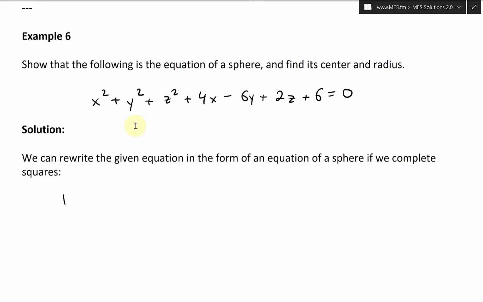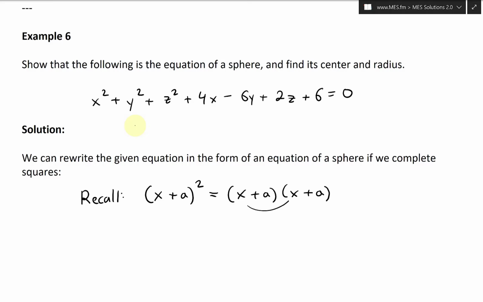First, recall completing squares. Recall that (x plus a) squared is just a square, so this equals (x plus a) times (x plus a). We multiply x by x, then x by a, then a times x, then a times a. In other words, we have an a times x and an x times a.